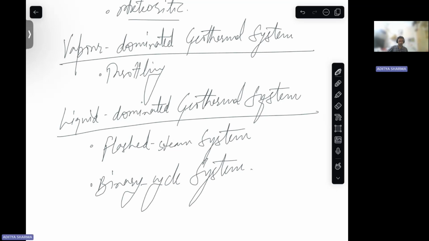And in your liquid dominated geothermal system, you have hot water from your geothermal source. Then again here you use throttling, and after throttling you use a flash separator to separate the steam from the liquid form of water, right?